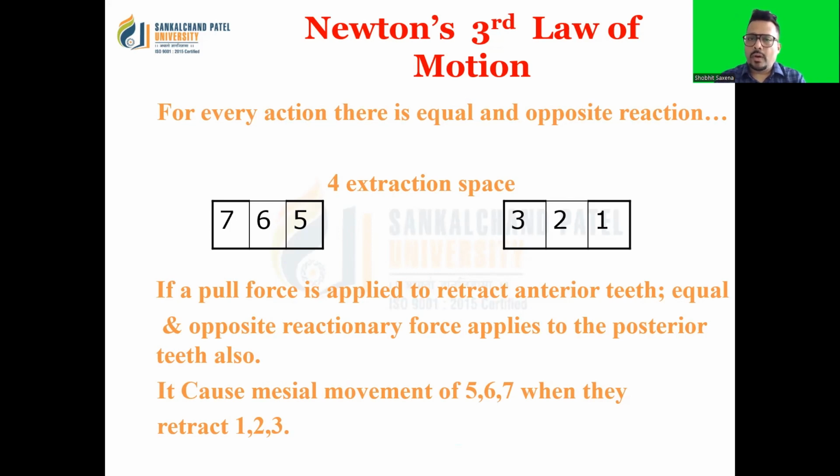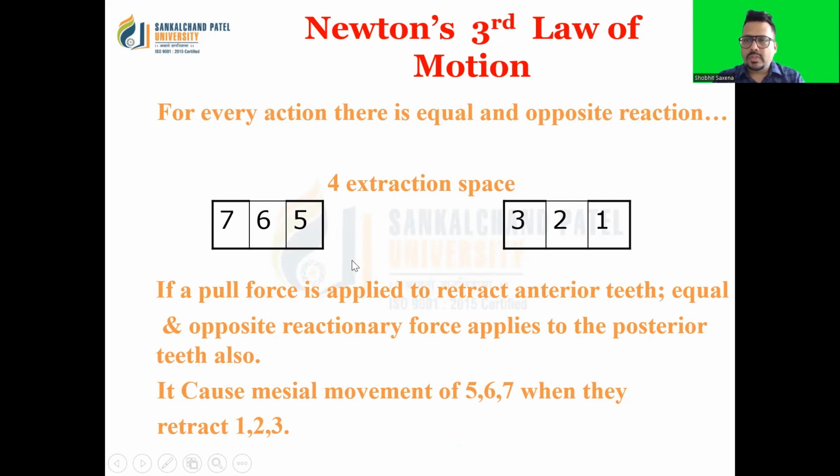Now in this scenario, I've written the tooth numbers. These numbers denote the teeth that are moving and the teeth from which the anchorage is taken. You can see that I have used the numbers 1, 2 and 3, which symbolize the incisors and the canines. And 5, 6 and 7 resemble the premolar and the first and second molars.